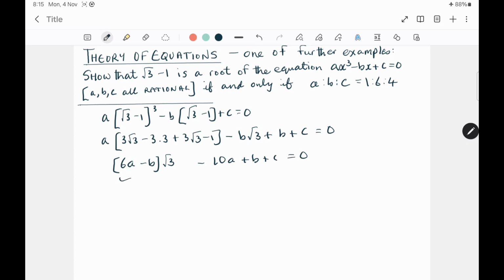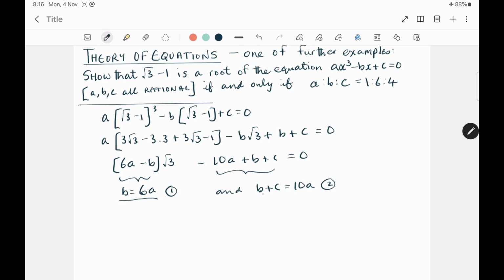Each of these terms must be 0, because the rational part must be 0, and the irrational part must be 0. So we get b equals 6a, call that equation number 1, and b plus c equals 10a, equation number 2.